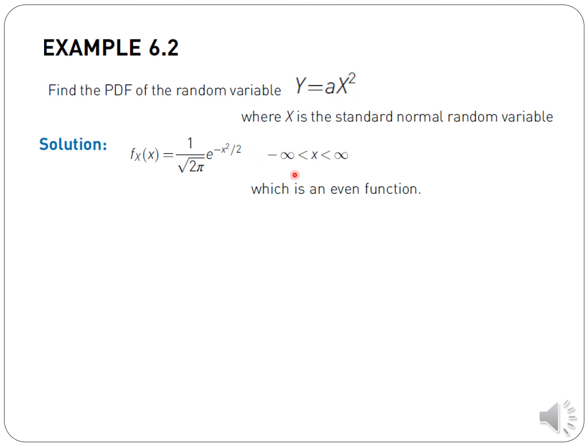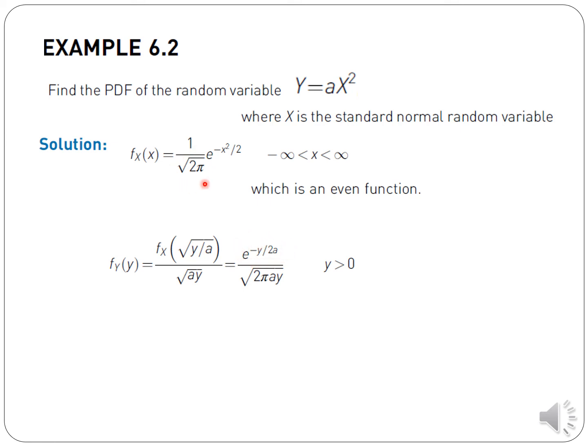It is symmetric about the y-axis, and what we are going to find is fy. In finding fy we will follow the formula derived in our previous slides. Using this formula, we have to use square root of y by a in place of x. Here we get x squared, so we will replace this x with this part and we will get this.